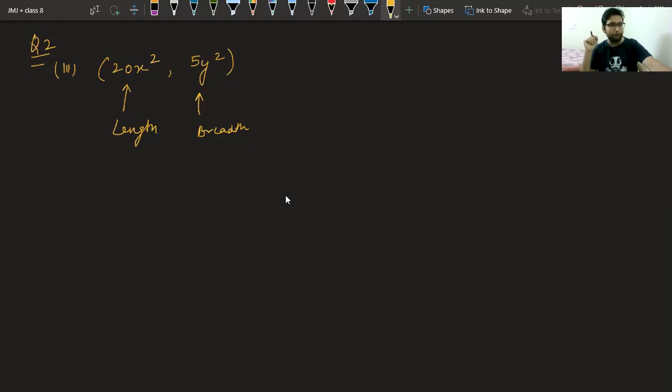Hiteshri correct? Others please answer. Giriraj correct? Harshul correct? You all are correct. It is very easy. Simply you will write like this: 20 into 5 into x square into y square, and you can see these two numbers can be multiplied because they are like terms.